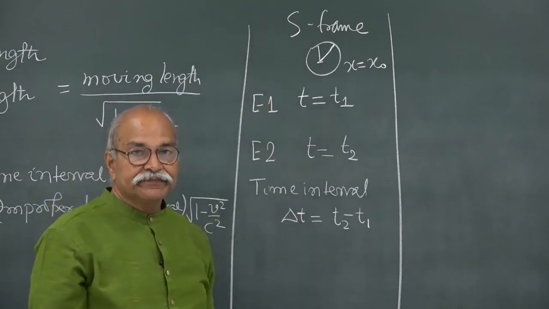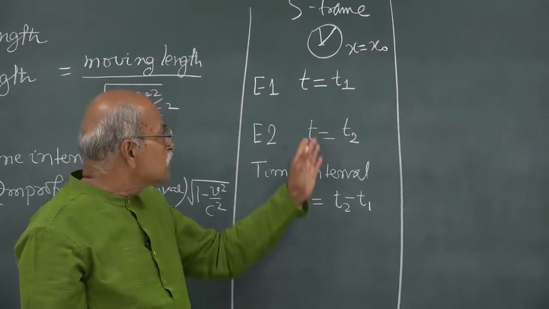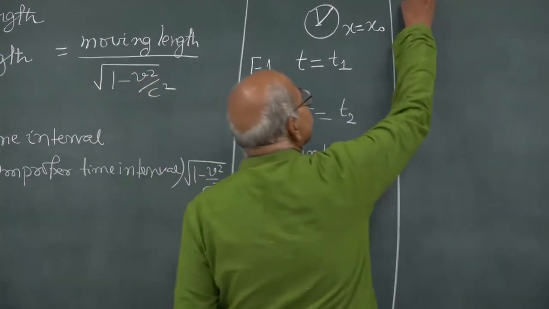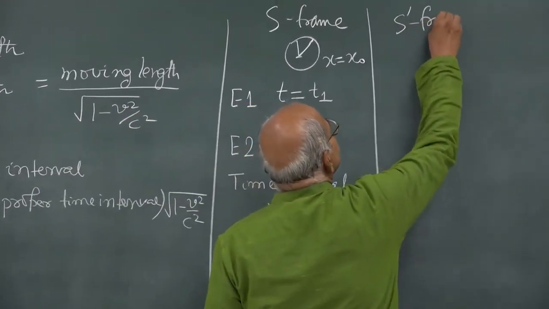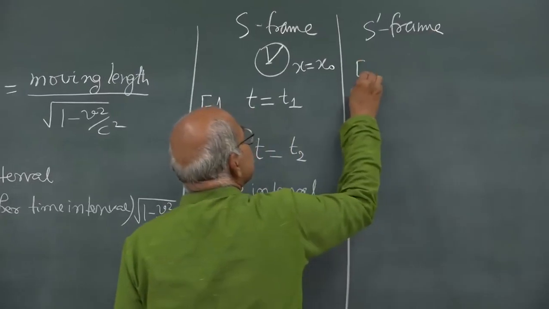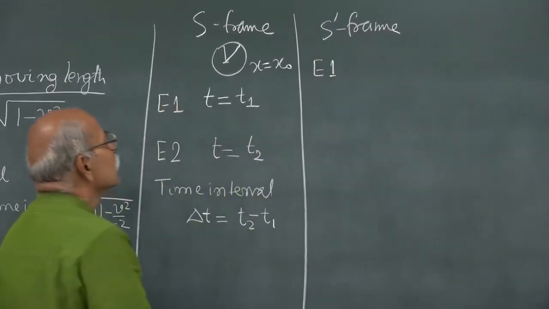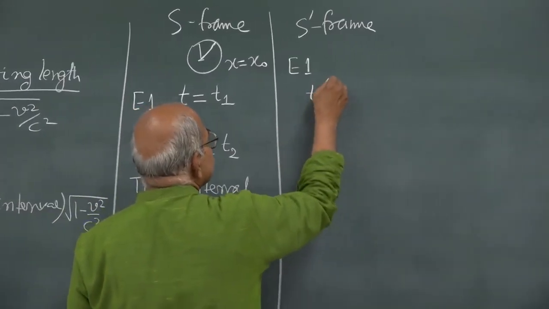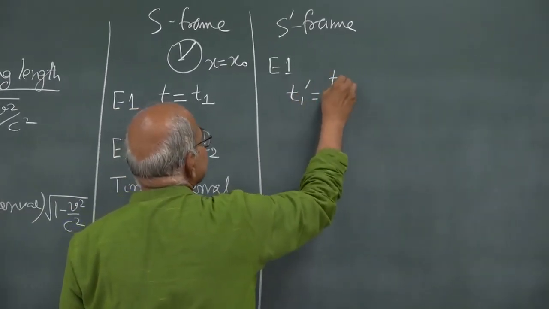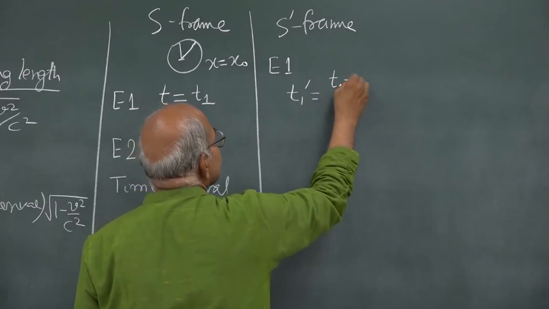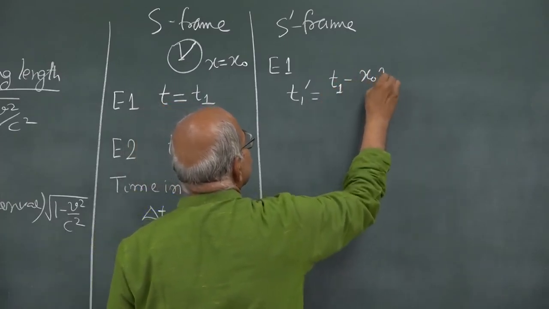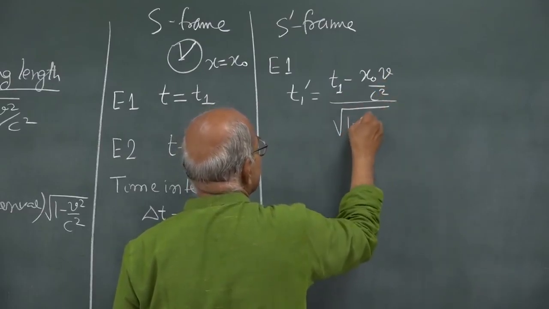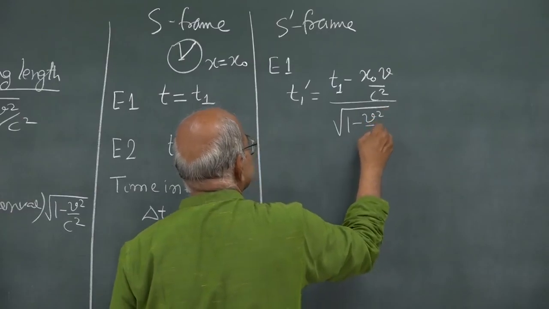Now, suppose I look at these events from some other frame, S prime frame. Event 1 will take place at t1 prime, that will be t1 minus x naught v by c square, divided by square root 1 minus v square by c square.